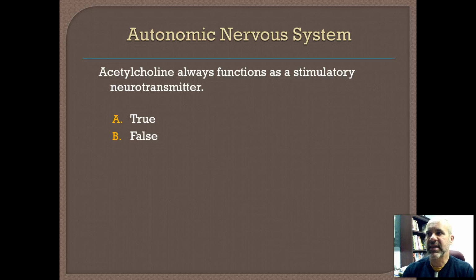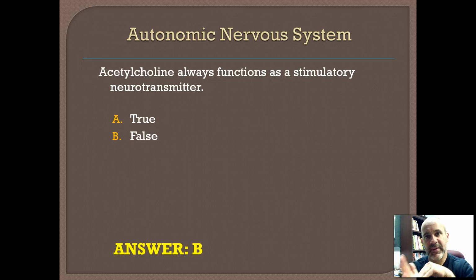Acetylcholine always functions as a stimulatory neurotransmitter. Is that true or false? And hopefully you're thinking false on that one. Acetylcholine was an example that we used of a neurotransmitter that can be used in different ways in different locations, and that's because there are different kinds of receptors that respond to it. So remember, acetylcholine is a neurotransmitter. It attaches to its receptor.